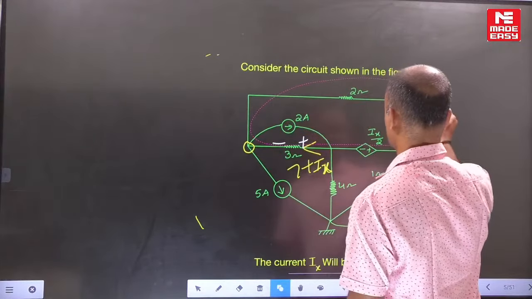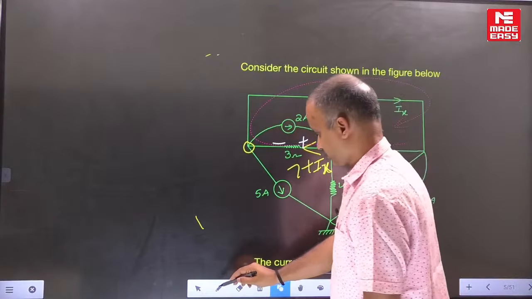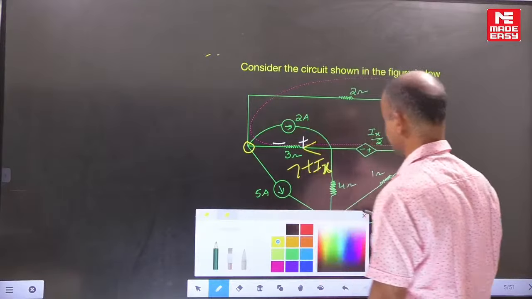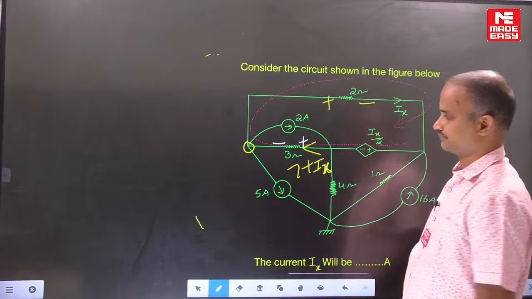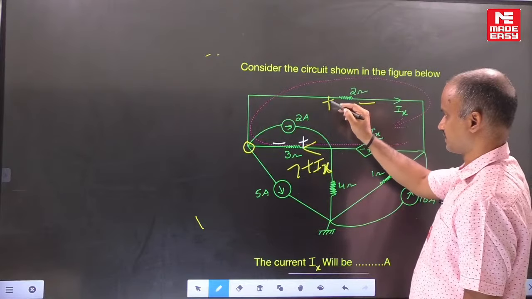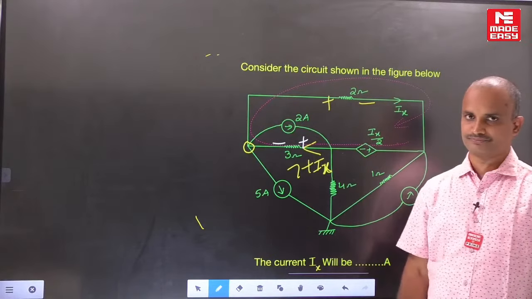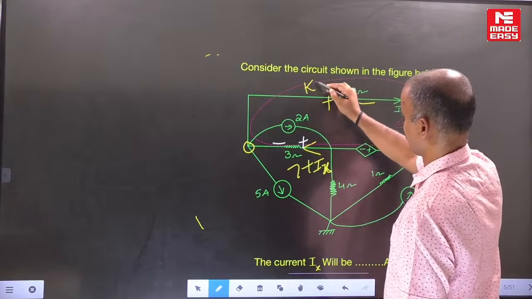Whenever we write the KVL equation, indicate the respective polarities. Wherever the current is entering, there is positive, and the other is negative. Here Ix is entering. Then for these dotted lines, we can write the KVL equation.